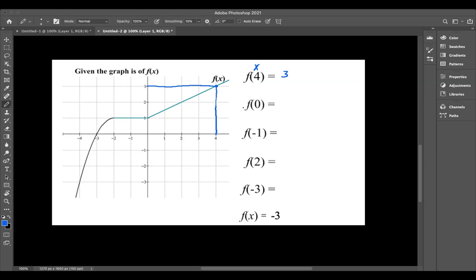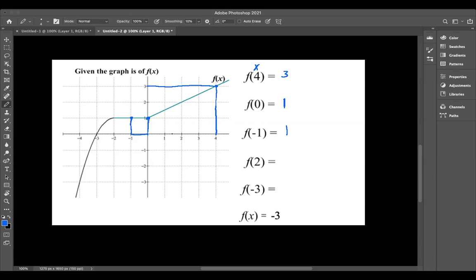So what about f of 0? Here's 0 right here on the origin. Where does it meet the graph? Right at 1. So that'll be 1. Now look at -1. We go here to -1 on the graph, we look up right at this point here. So that's -1, 1.